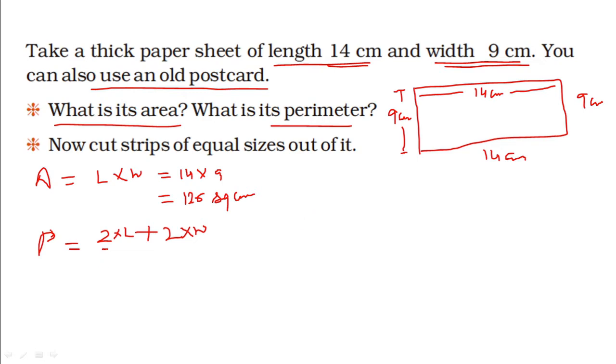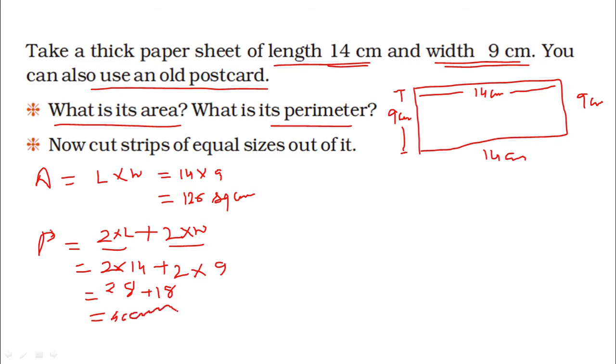So 2 into 14 plus 2 into 9. 14 2s are 28, plus 2 9s are 18. So 28 plus 18, 46 centimeter.